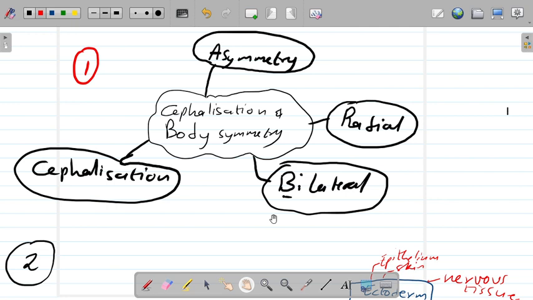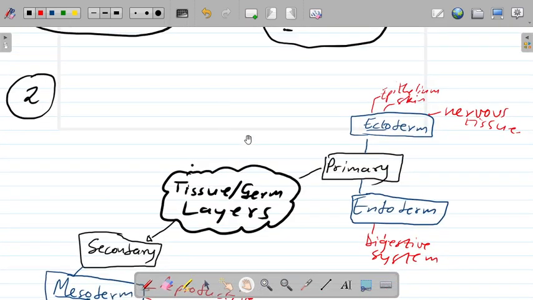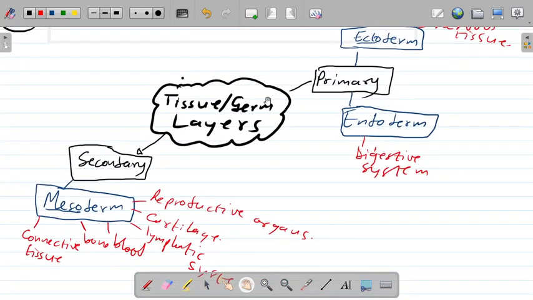Asymmetrical meaning you can cut it from any plane longitudinally, it will not produce two identical halves. Radial symmetry, you can cut it from any plane and it will produce two identical halves. And then bilateral symmetry, which is us, you can only cut it from one plane longitudinally and it will produce two identical halves. And then we looked at tissue layers or your germ layers.